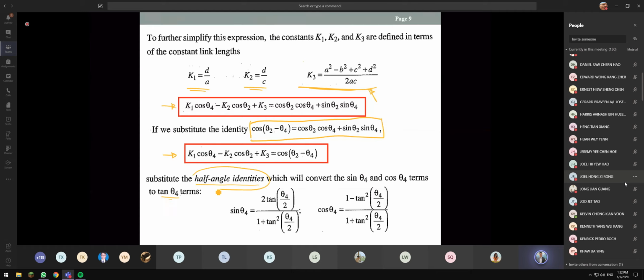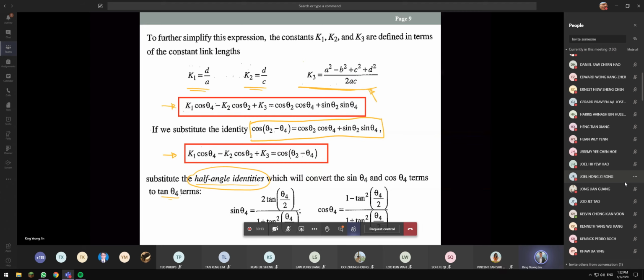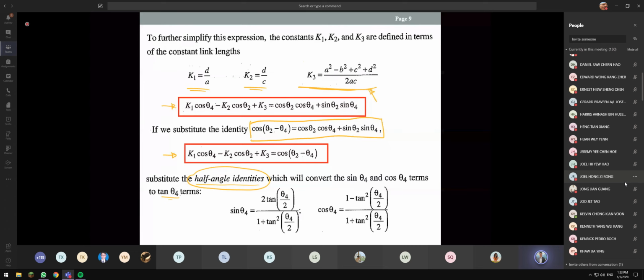Again, this is from trigonometry functions. Maybe I will share the documents with you later so that you don't have to find the trigonometry formulas. Then you can compare to these solutions to see how it actually applies.